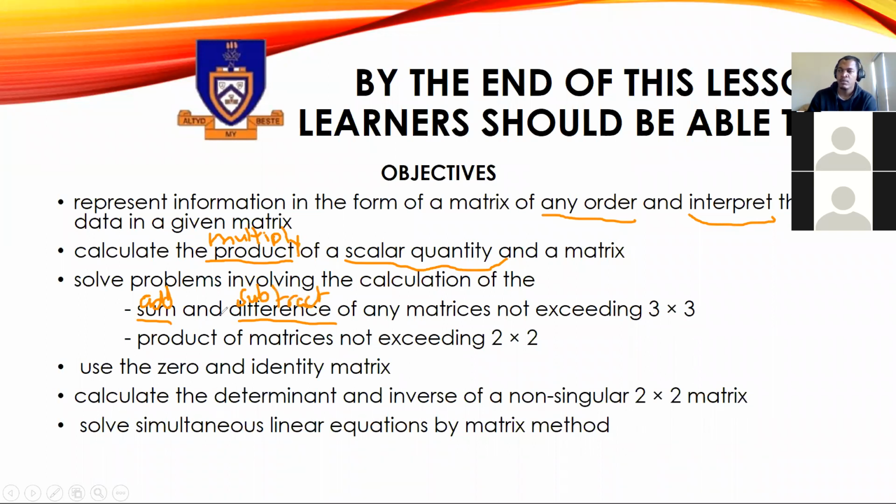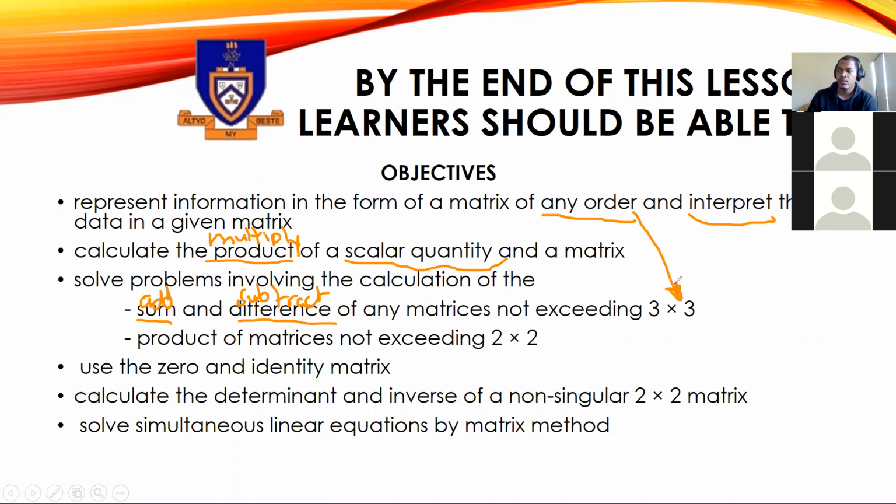This is coming from your syllabus, so I'm just interpreting also from the syllabus. Of any matrix not exceeding a 3 by 3, okay? So this 3 by 3 is what we call related to our order. Sometimes our orders, they change the dimensions and so forth, okay?